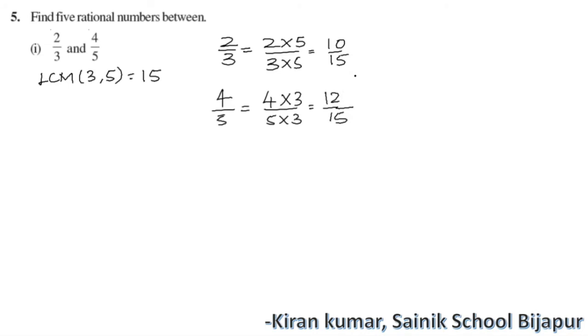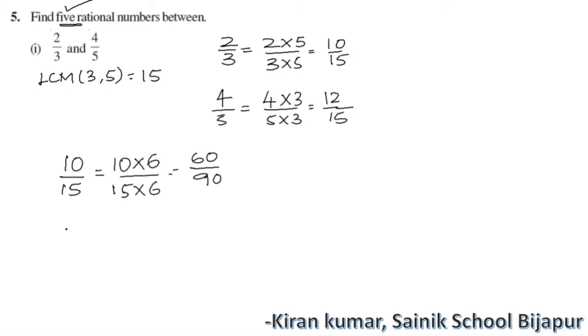So what we can do is, since they have asked to write 5 rational numbers, let me multiply this particular numerator and denominator with 6. If I multiply with a 6, I'll be getting 60 upon 90.